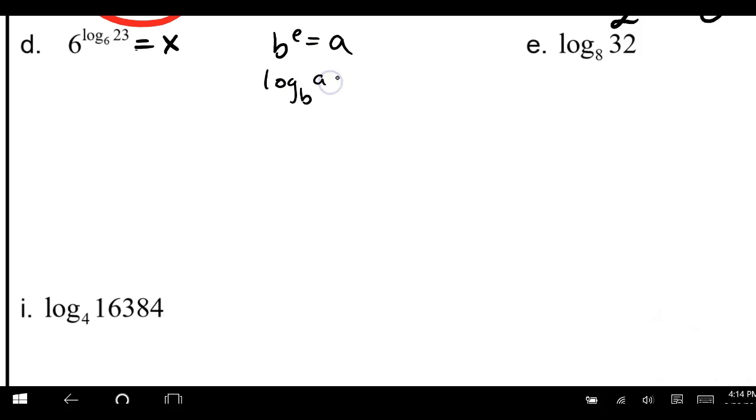Log b of a equals e. So let's go ahead and do that. So our b is 6, and our a is x, and then our e is log 6 of 23. Now remember, if I have two logs on each side and the bases are the same, these can cancel out. And then our answer is simply x equals 23.